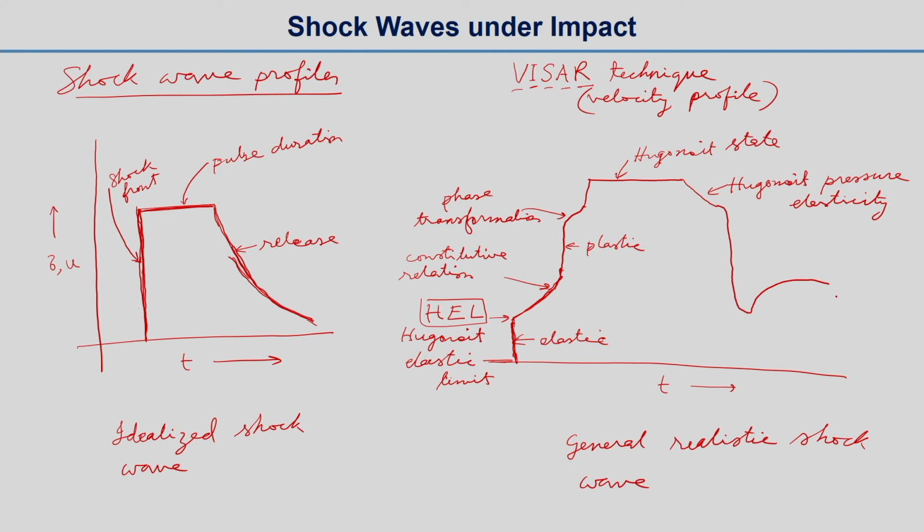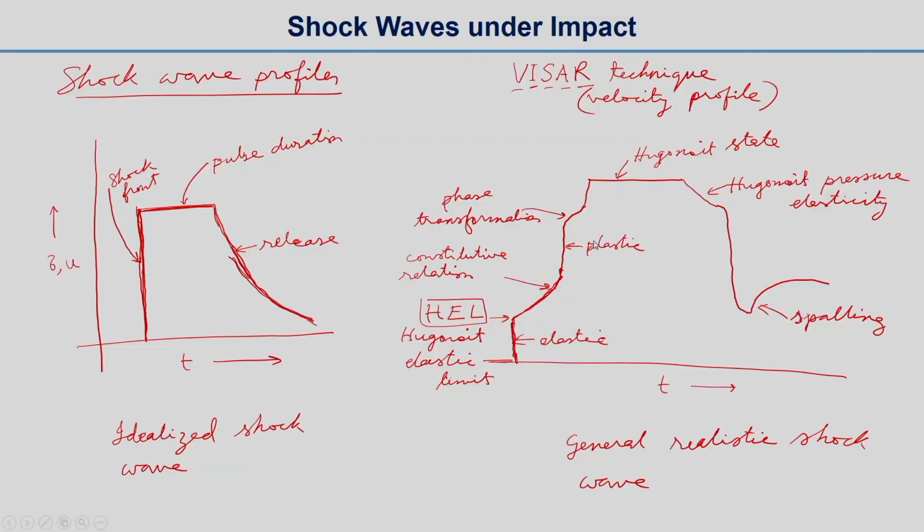And this is related to spalling, which we will discuss in the next lectures. Spalling is nothing but the wave reflecting back from the free surface, and that can generate fractures. So this is called spalling, and we will be discussing that later.